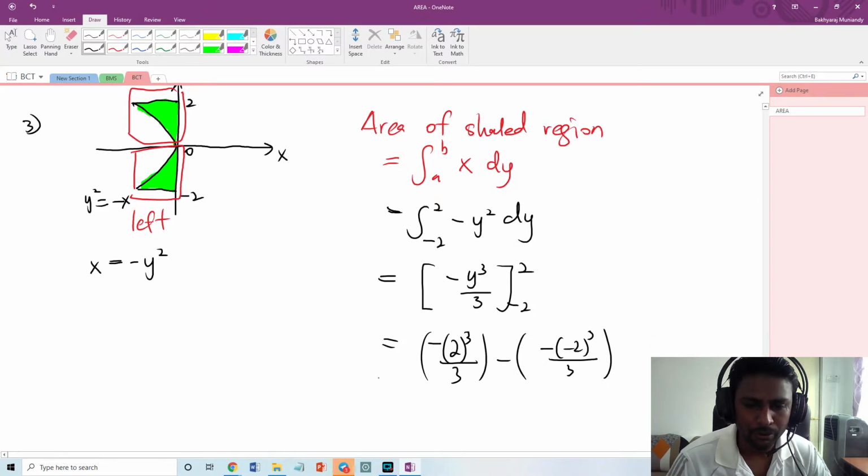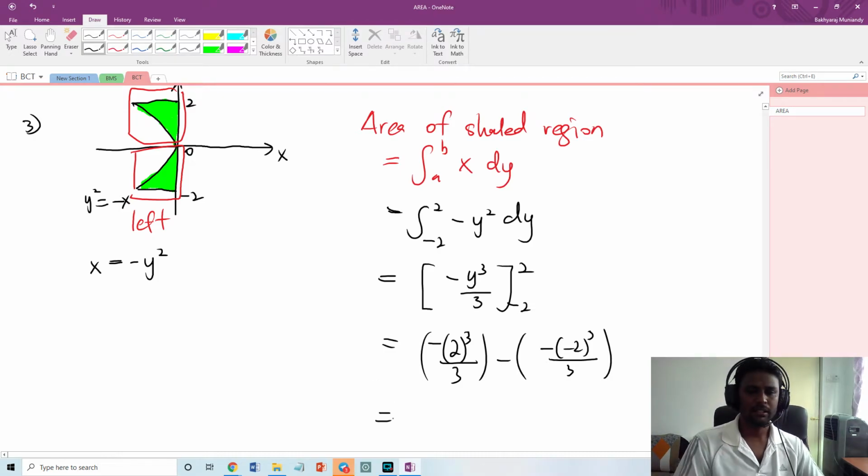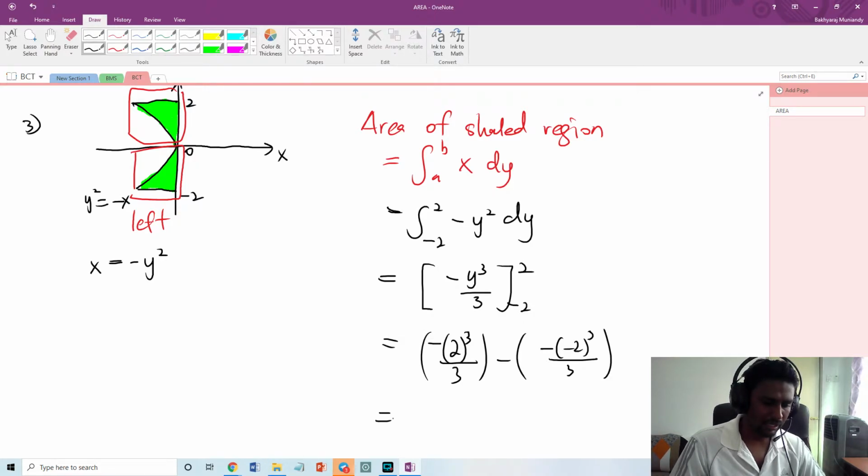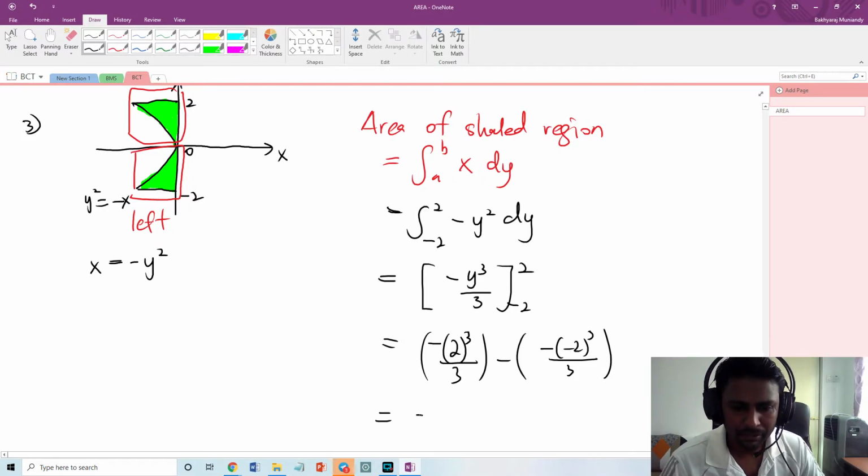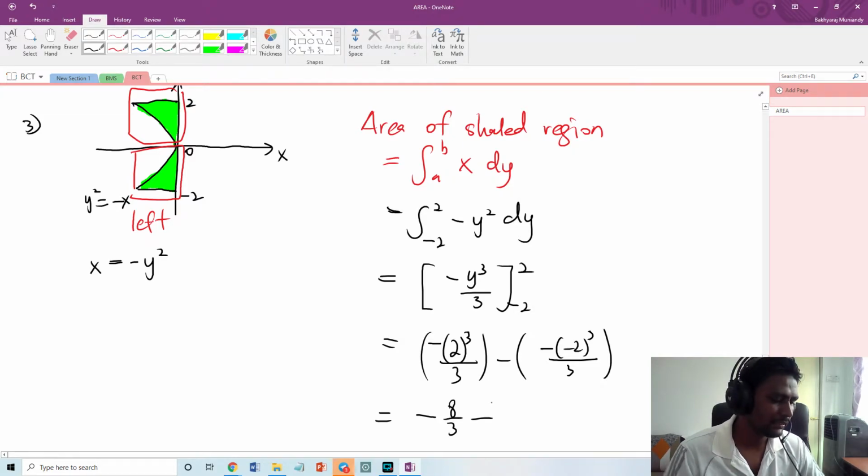Okay, we try to program and find the answer. Okay, so what is our calculation? What is our answer? X power of 3 over 3, and then when I substitute 2, I get what? Negative. Yeah, correct. Negative 8 over 3. Very good. Minus. Yeah, correct.